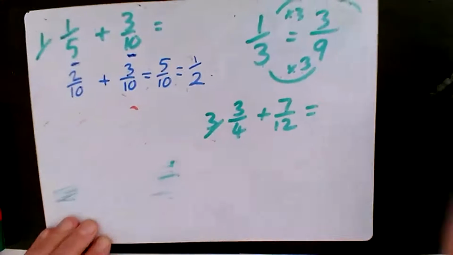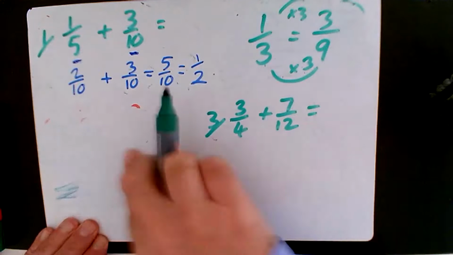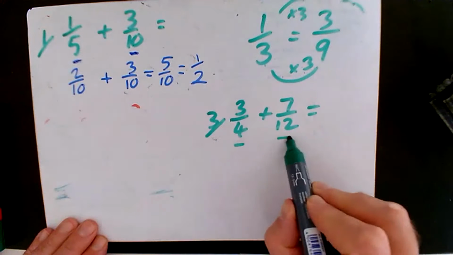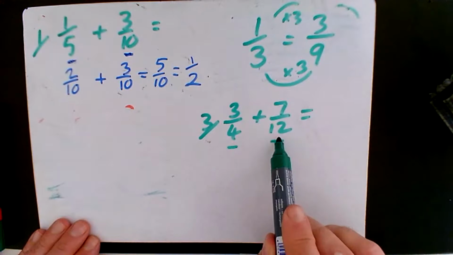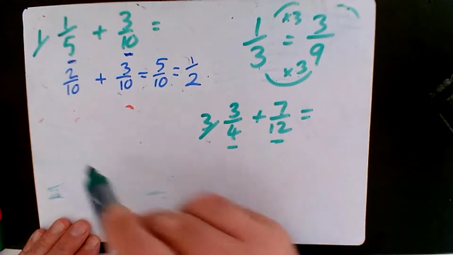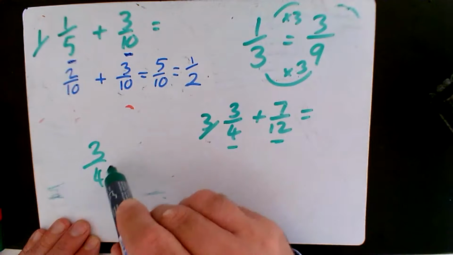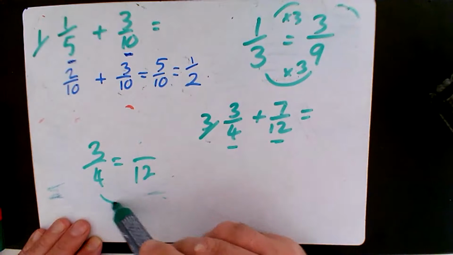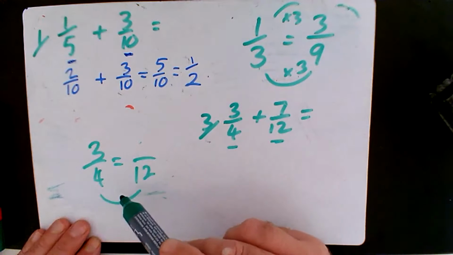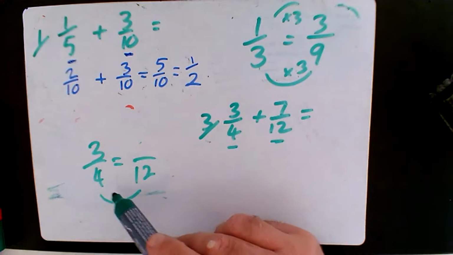Okay, again, I've got 3/4 plus 7/12. I can see the denominators are different. Will the smaller denominator go into the bigger denominator? Yes, it will. So I'm going to do it on the side here: 3/4 equals how many 12ths? So how am I getting from the 4 to the 12? 4, 8, 12.